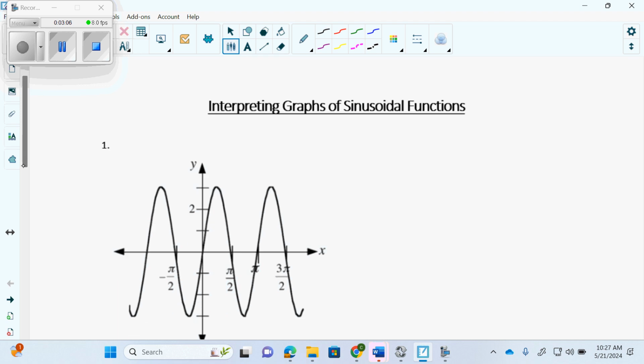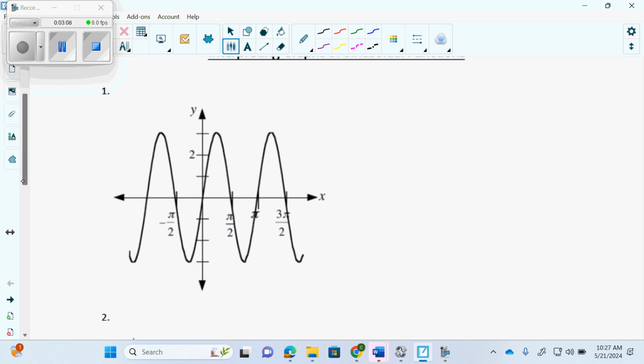So we're on the very first page. So we're going to figure out the amplitude. So the amplitude is half of the vertical distance from the min to the max. So we can just calculate it. We can just calculate the amplitude by remembering that it's half the vertical distance.